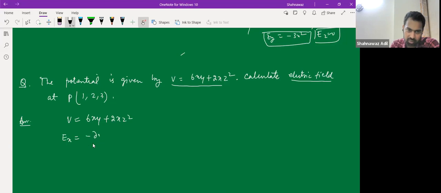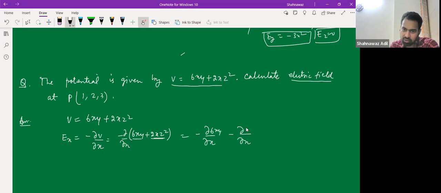Minus dV by dx. So minus of 6xy plus 2xz square. Again, sum of two functions, so this would be minus d by dx of 6xy and minus d by dx of 2xz square. We are calculating the differentiation with respect to x.